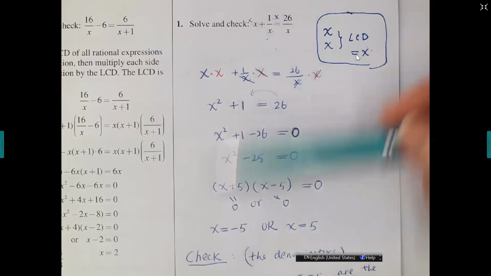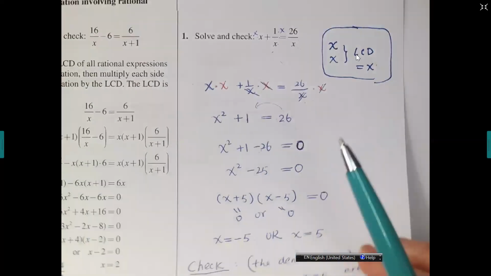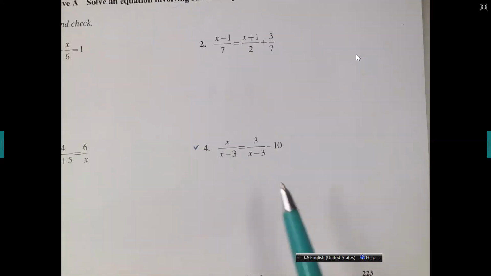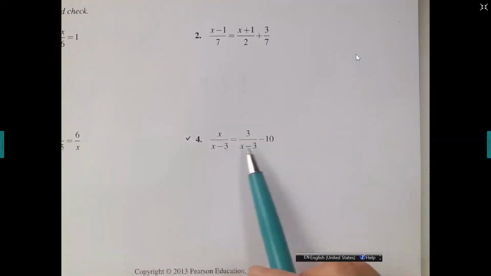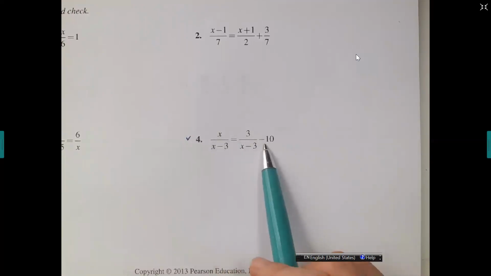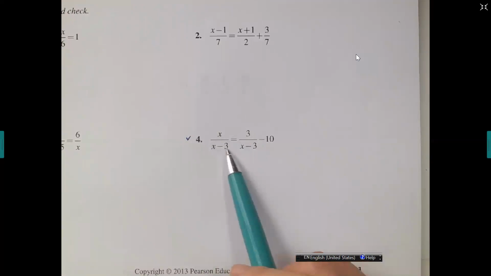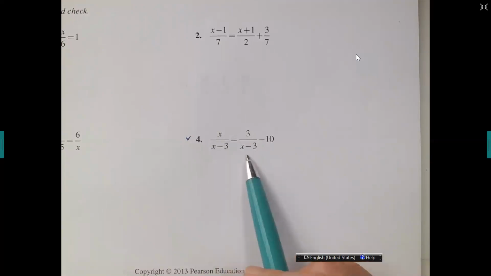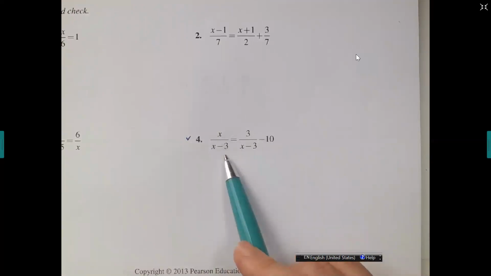This is one example. Now let me give you another example. What do we have here? We have a rational equation because there are rational expressions in the equation. How many denominators are there? We quickly check there are 2. They happen to be equivalent: x - 3 and x - 3.